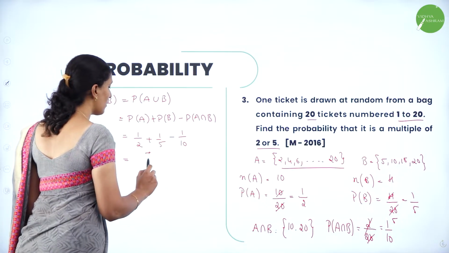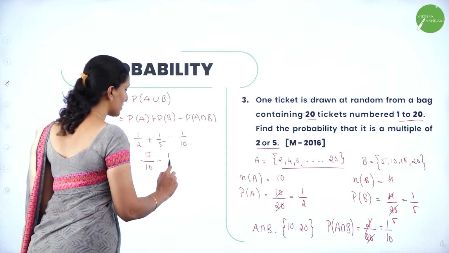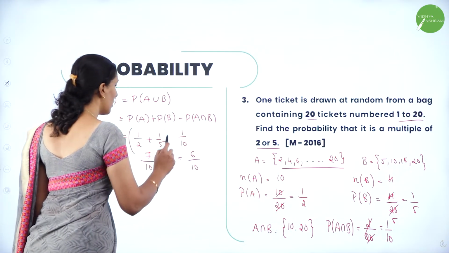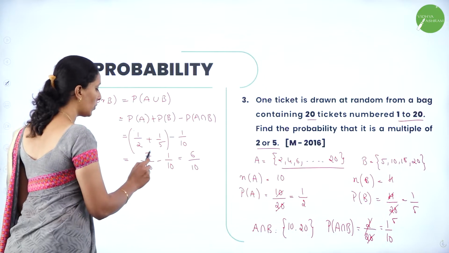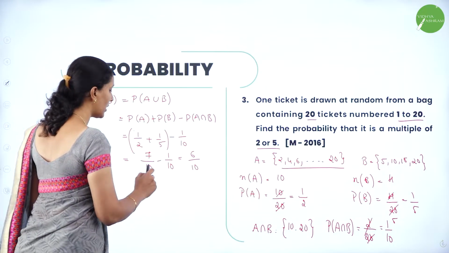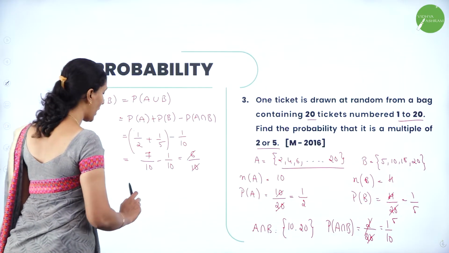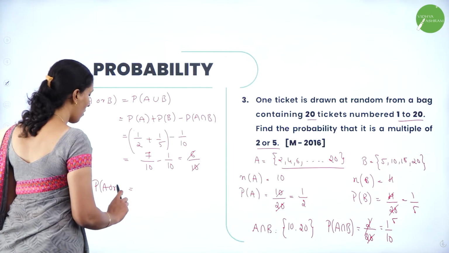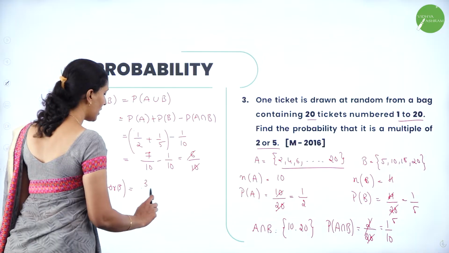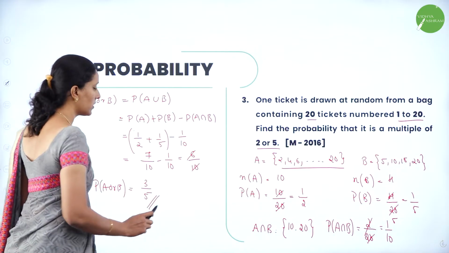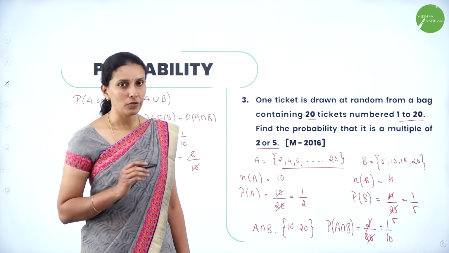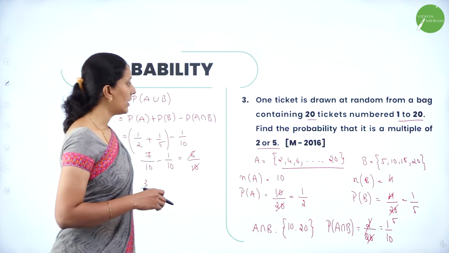If you take this, you will get 7 by 10 minus 1 by 10, which is equal to 6 by 10. 5 ones are 5, 2 ones are 2, 5 plus 2 is 7, and 5 twos are 10. 6 by 10, when you cancel this with 2, you will get probability of A or B as 3 by 5. So this is the probability of a multiple of 2 or 5.